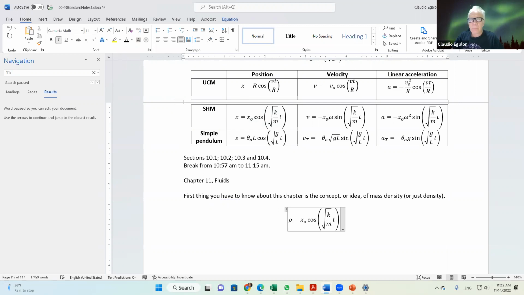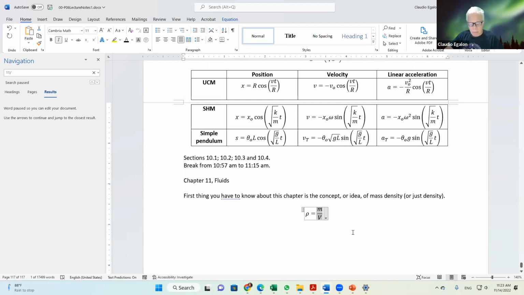And density is defined as what? The amount of mass divided by the volume that a given substance holds. If the substance is made of a given material, no matter what the volume or the mass of that material, the density is always going to be the same, provided you have that pure material in different forms and shapes and masses.